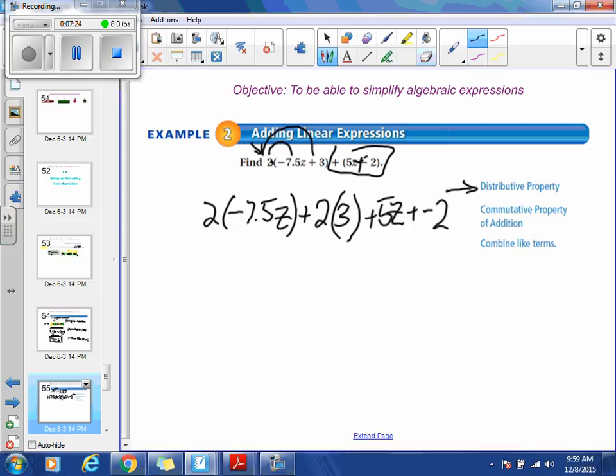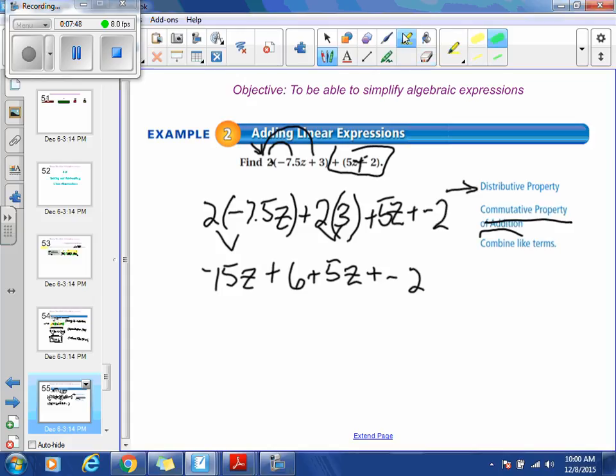Now I'm going to evaluate that multiplication. So I'm going to say, okay, 2 times -7.5z is -15z. And 2 times 3 is 6. Just recopy the rest of the problem because nothing's happening there. Now it's time to use that commutative property of addition to get my like terms by each other.